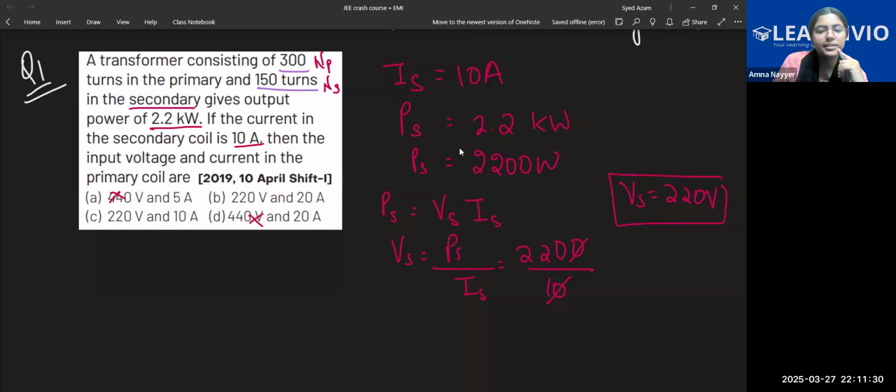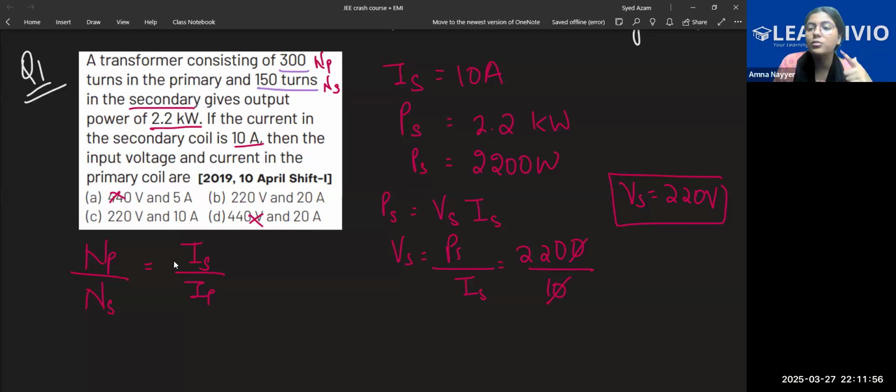Now, see, you have the voltage, you just want the current in the next one. So use number of turns, use voltage, use any value, because now you have the full data with you. Let's use number of turns because we don't have the voltage in the primary. NP by NS is equal to IS by IP. This will always be reversed.